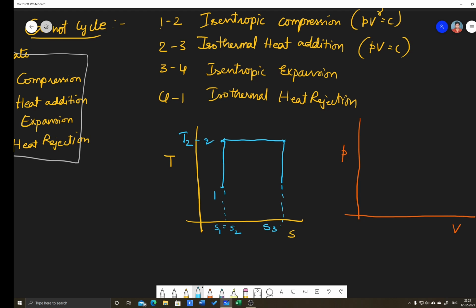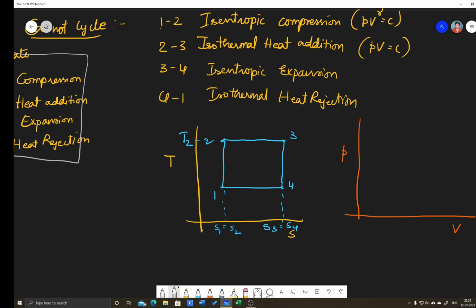S3 is equal to S4. And finally, 4 to 1. Heat is being rejected. So the entropy will also decrease. This is the TS diagram for a Carnot cycle, whereas the PV diagram will be like this.